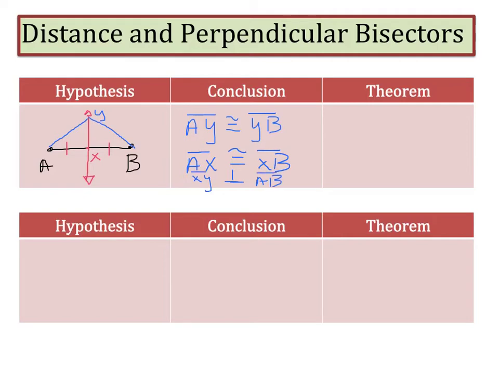And this theorem is known as the perpendicular bisector theorem. So the perpendicular bisector theorem says if a point is on the perpendicular bisector of a segment, then it is equidistant from the endpoints of the segment.